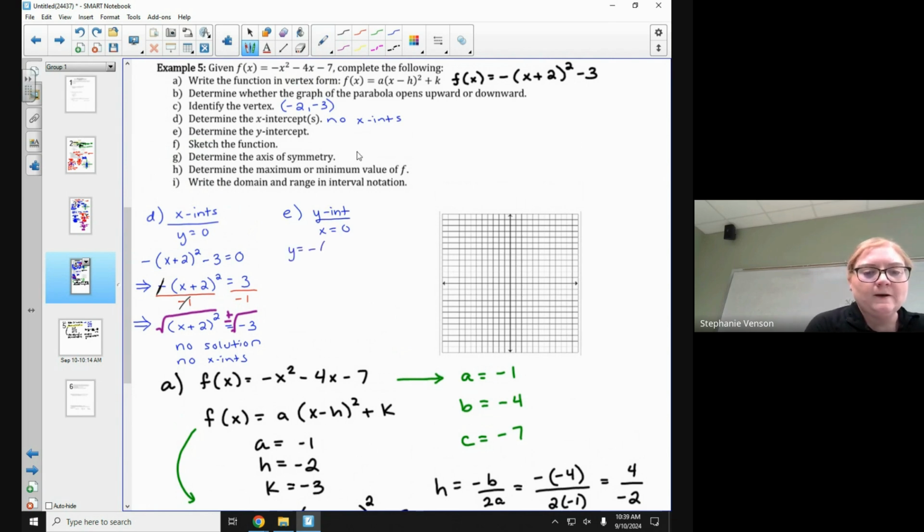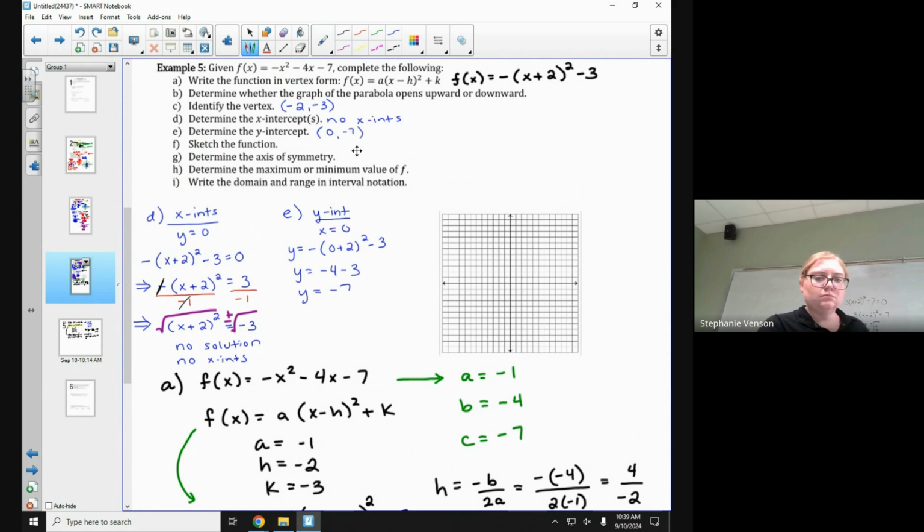So negative, open parentheses, 0 plus 2 squared minus 3. So that's like -4 because 2 squared is 4. So -4 minus 3. So y equals -7. So I guess your y-intercept would be (0, -7).